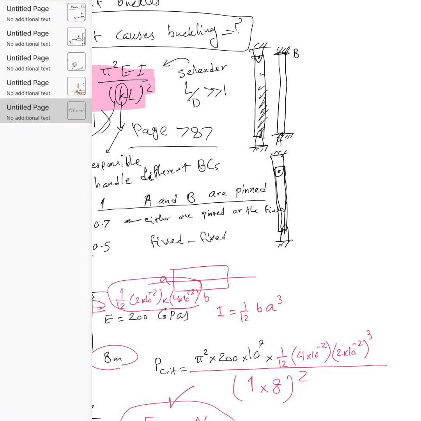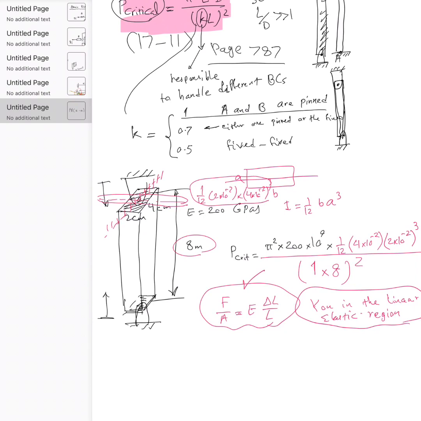This is all valid before buckling, as long as you are in the proportional, linear elastic region. If you are in this region and before the buckling, all your analysis is completely valid, very accurate. Otherwise, your computation is not valid.